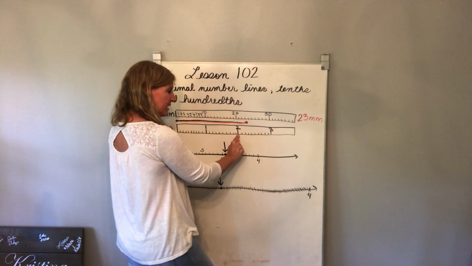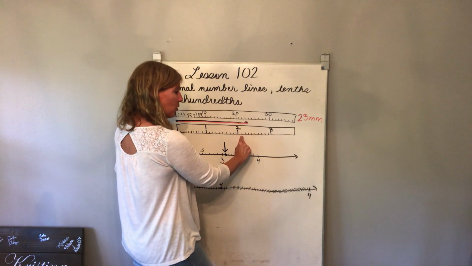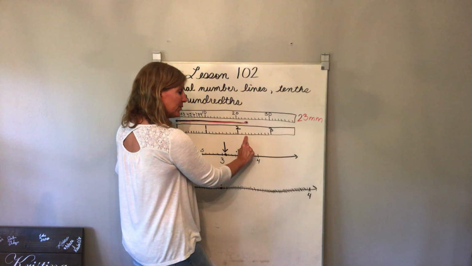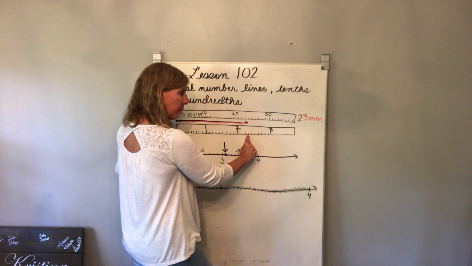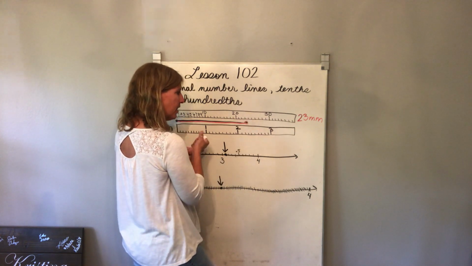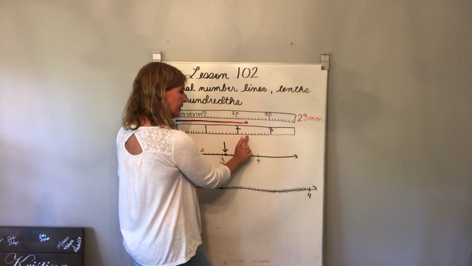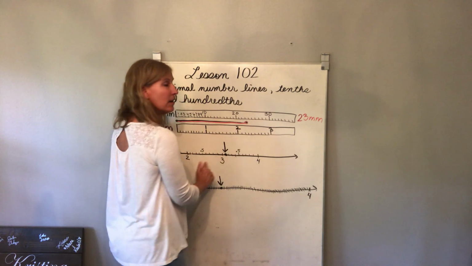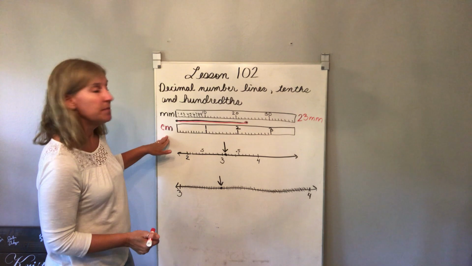Let's count them. We made it to the 2. And 1/10, 2/10, 3/10, and we're at the end of our line. So this line is 2 3/10 centimeters.